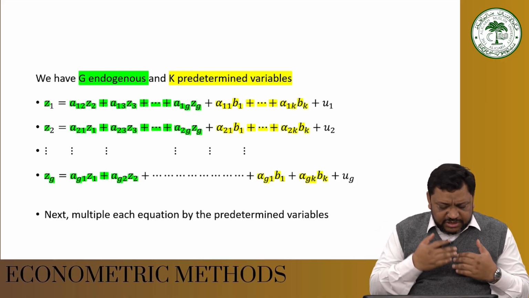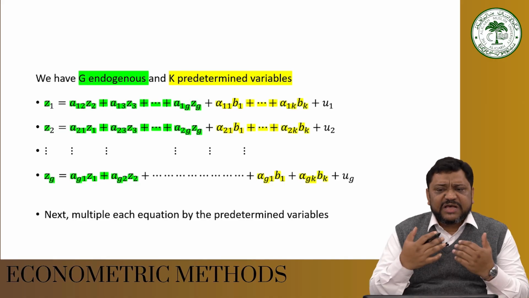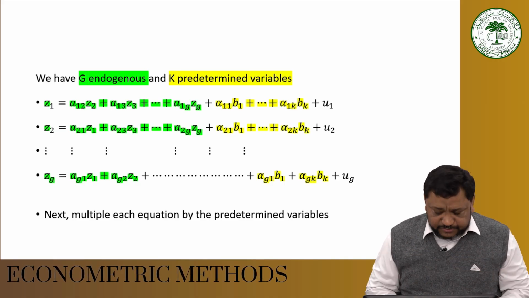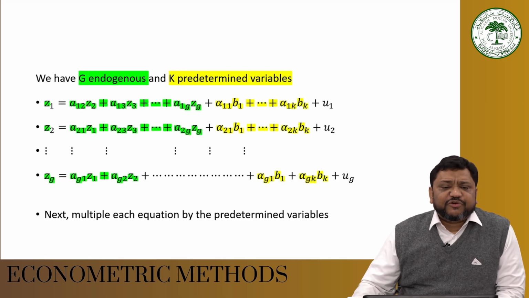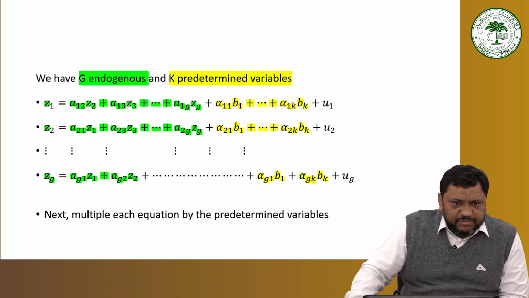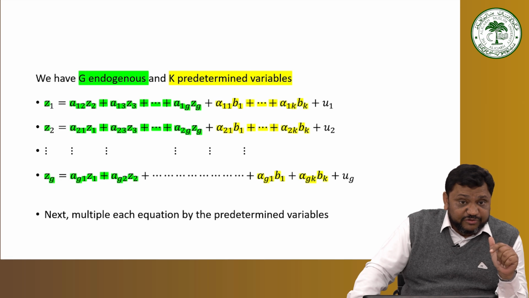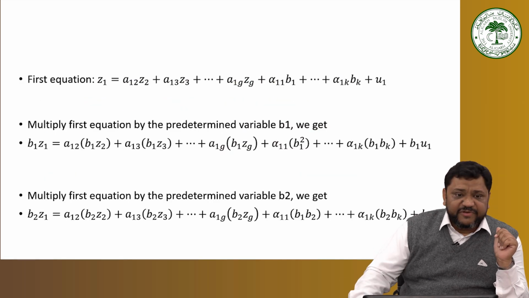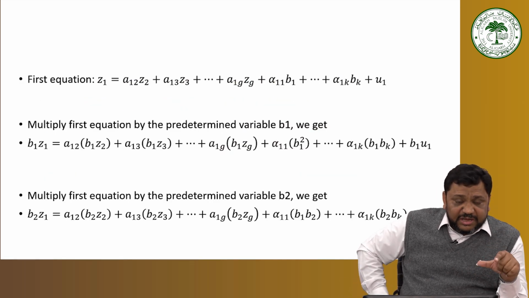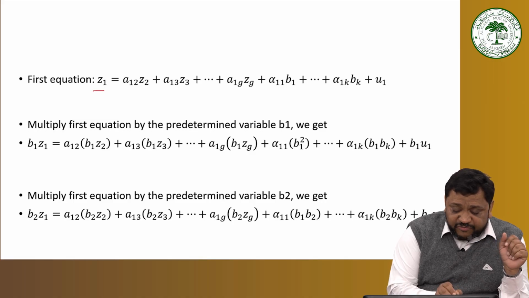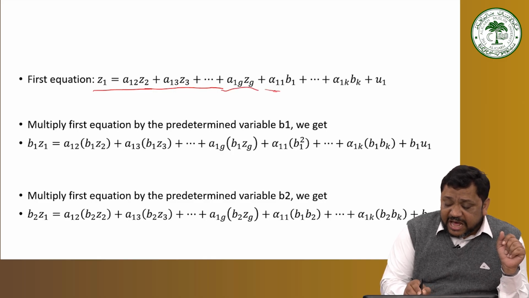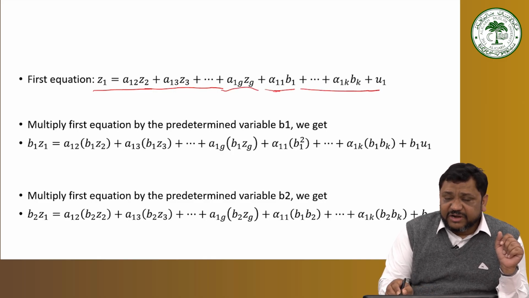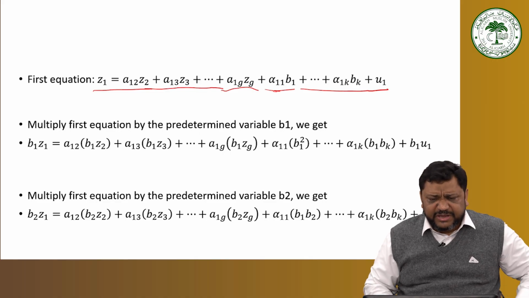So we have the system of equations showing the relation, with both the endogenous and the predetermined variables. Now what we do next, we multiply each equation by the predetermined variables. The first equation, Z1 is equal to A12 Z2 plus A13 Z3 plus A1G Zg plus alpha 11 B1 plus up to alpha 1k Bk.